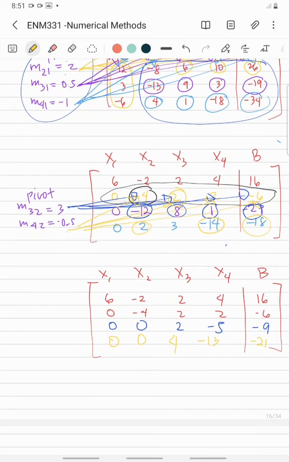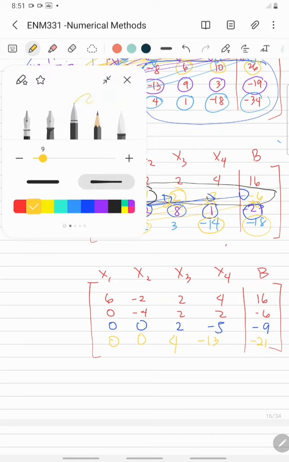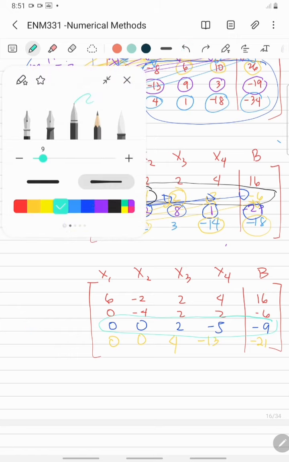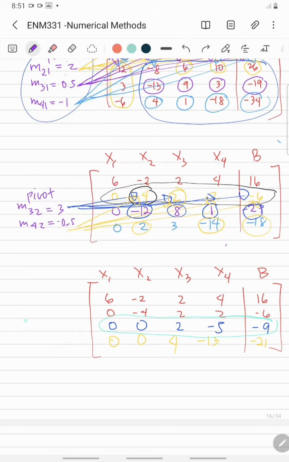And this will eliminate x2. Okay, for our third pivot, this will eliminate x3.